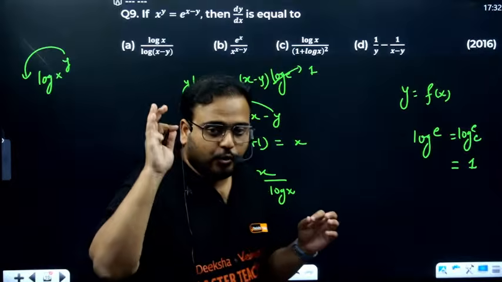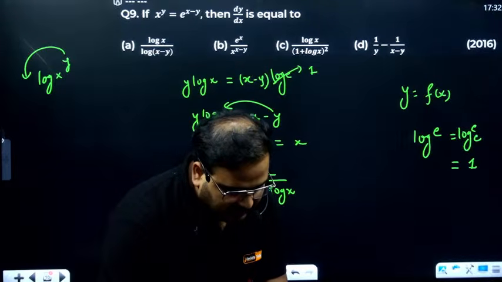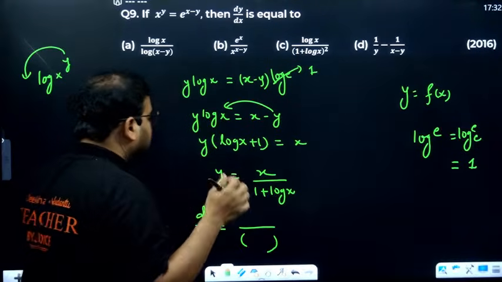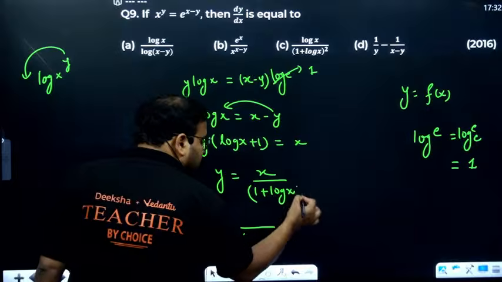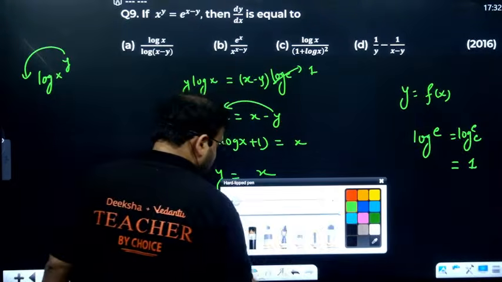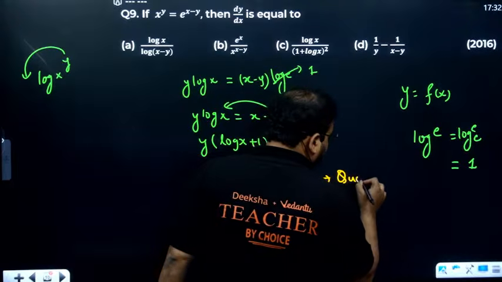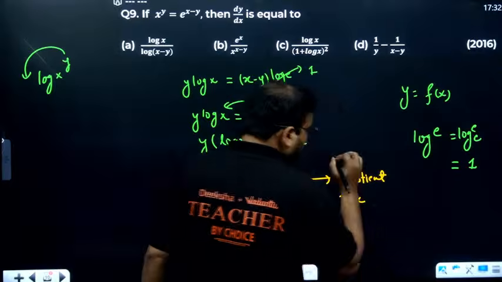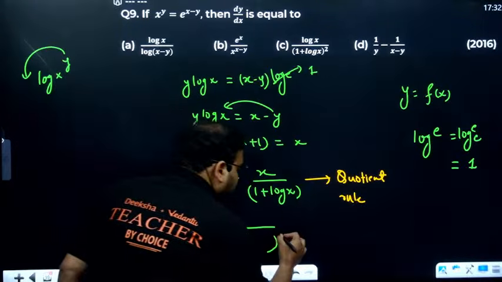How many of you know the quotient rule? Achha, I already have the answer from all of you. Deepak has the answer. Yeah, Bucky also gave me the clue. So Deepak already gave the answer. How do you know this is the answer? Once you get 1 plus log x in the denominator, and this is clearly a quotient rule problem, then it means this will be taken as whole square.